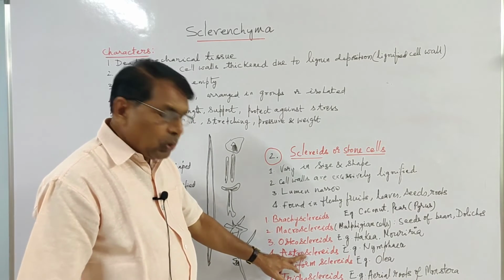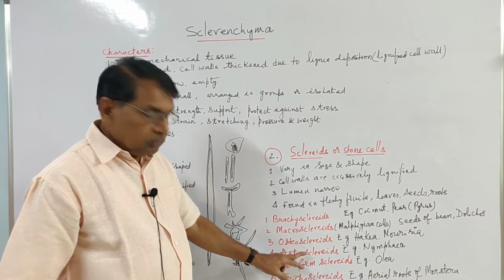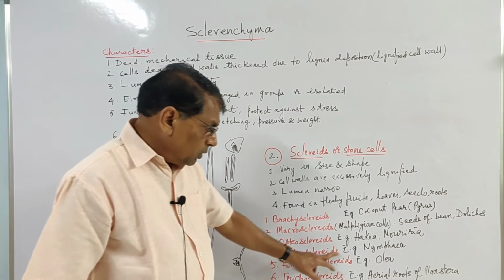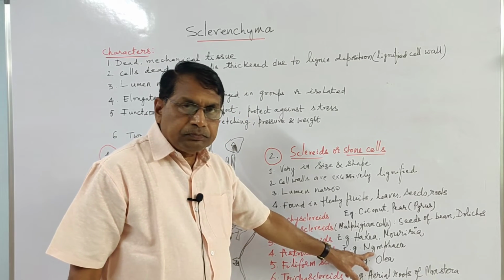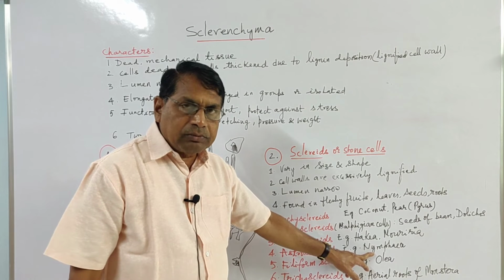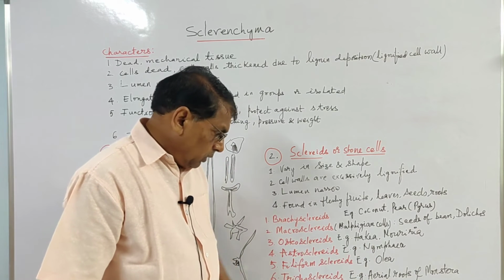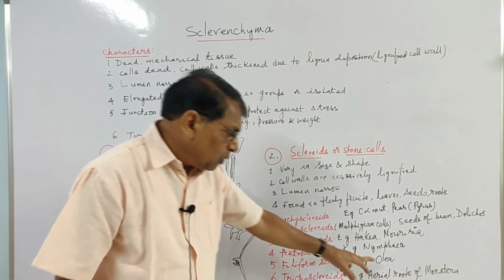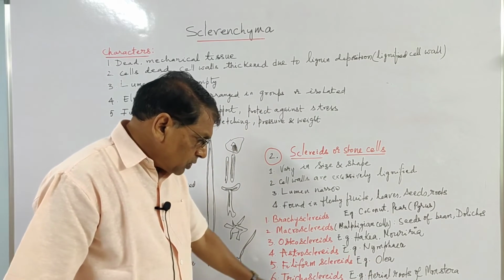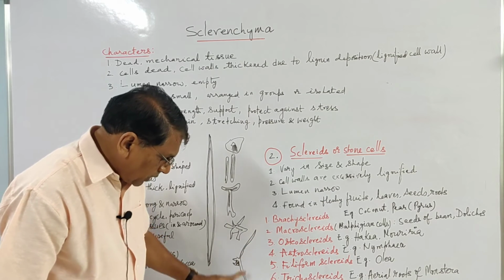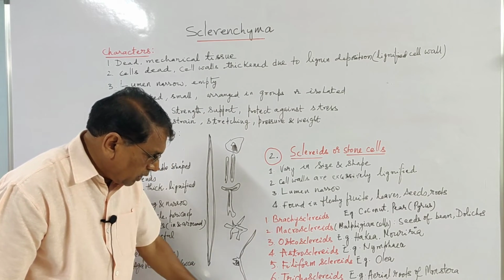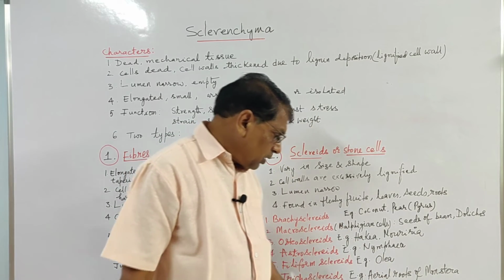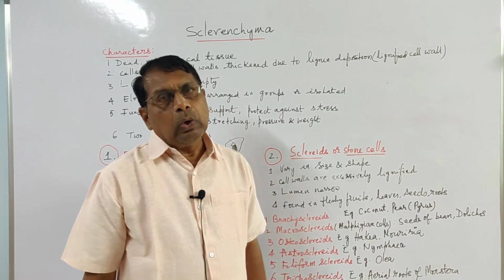Then astro, star shaped, like this. Example, Nymphaea, in leaves they are found, water lily. Then filiform sclerides, very narrow. Example, Olea. Trichosclerides, these are also like this, very narrow, elongated. These are found in the aerial roots of Monstera, and are also found in Olea.